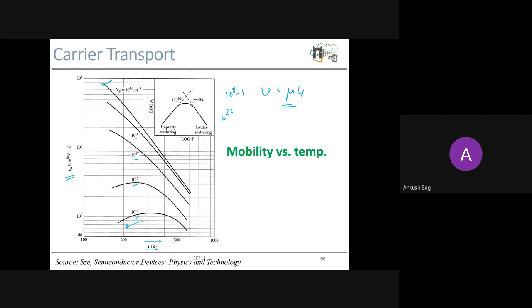Earlier this was not the case when our doping level was low. So there is something happening when we dope our semiconductor highly, isn't it? As we increase the doping level, mobility at low temperature also decreases, and mobility at high temperature also decreases. Now obviously the question is why? That we need to explain.